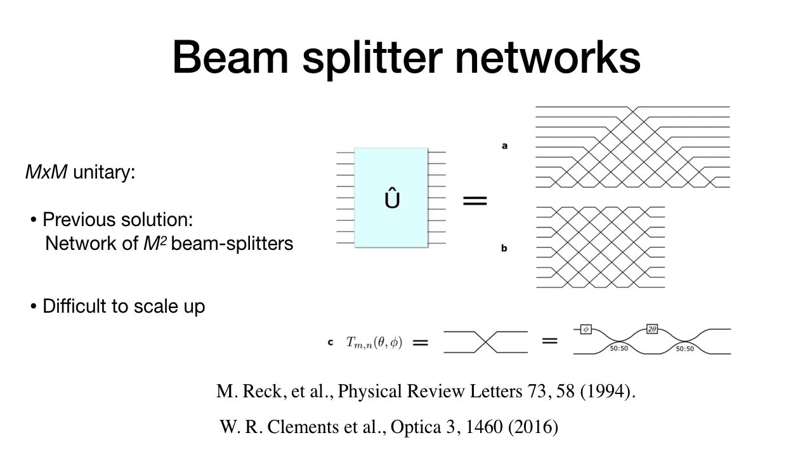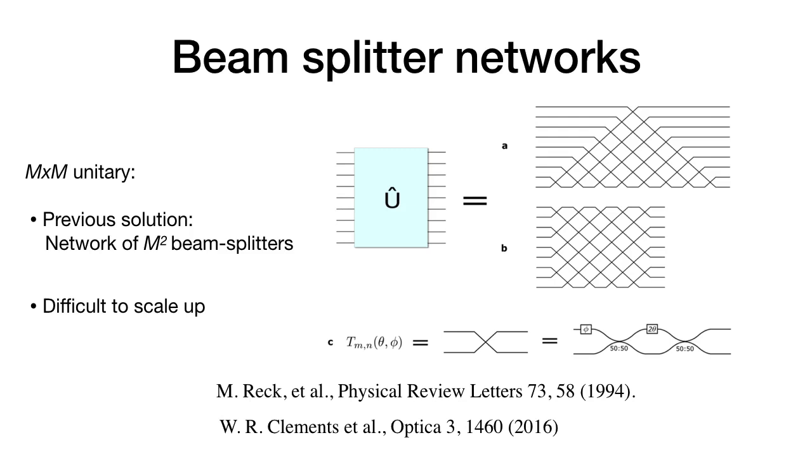So what was the previous solution to this problem? In 1994, Reck et al. showed how any unitary can be realized with a photonic circuit made out of m-square beam splitters. Then in 2016, Clements improved this solution a little by showing a more compact photonic circuit that is a mesh of beam splitters in a square array.